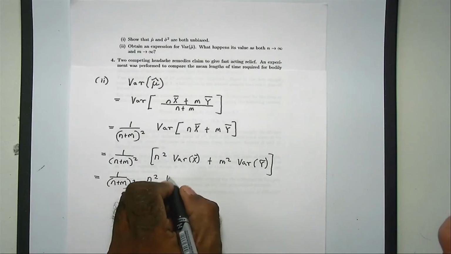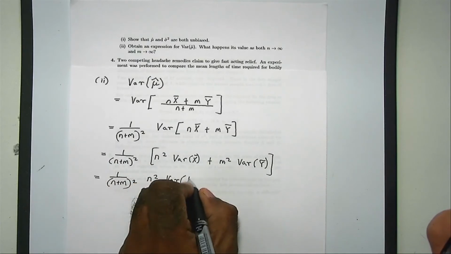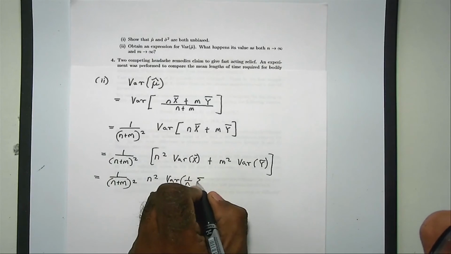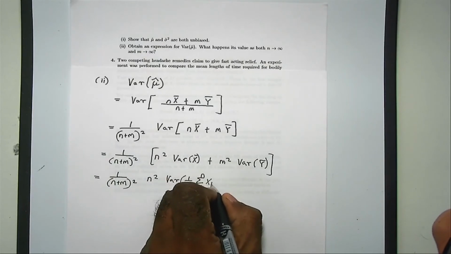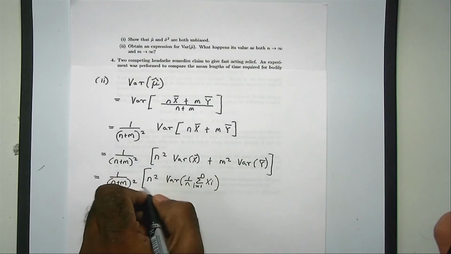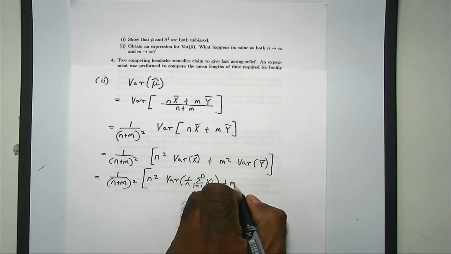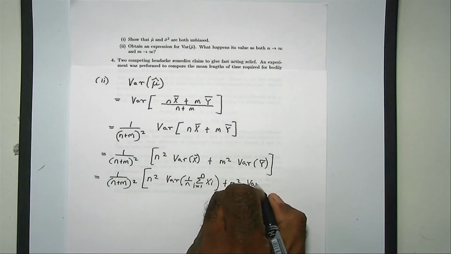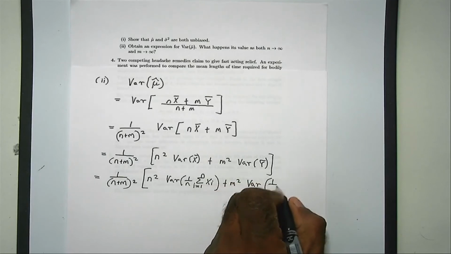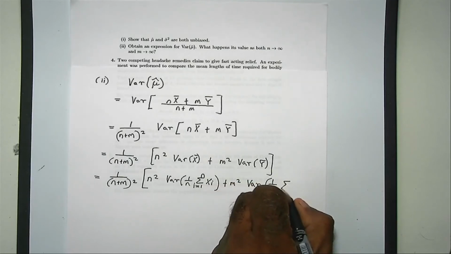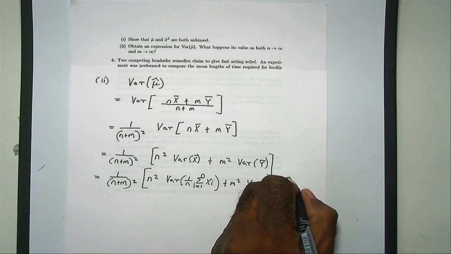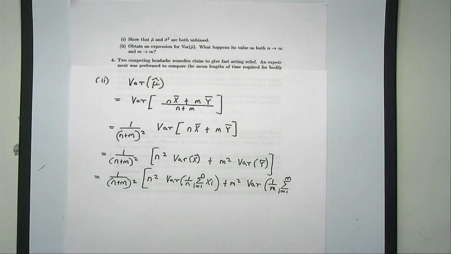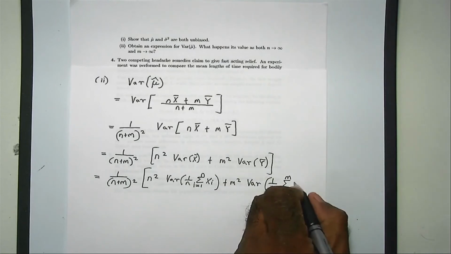This is the variance of x bar, which is 1 over n times the sum of xi, right? Plus m squared times the variance of the sum of yi.